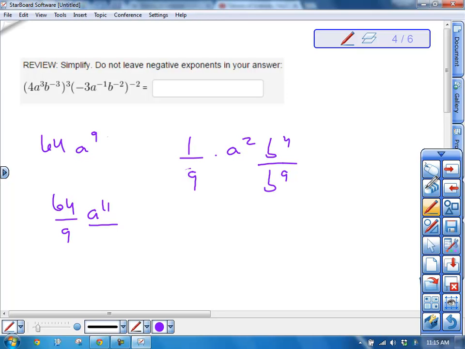So I can move it to the bottom, move it over here. 4 minus 9 is a negative 5. So it's b to the negative 5th. Or actually in the bottom, I'll just make it b to the positive 5th. This is actually what I need to enter in. I would enter in like this: 64a caret 11 divided by, in parentheses, 9b caret 5. That should work fine.